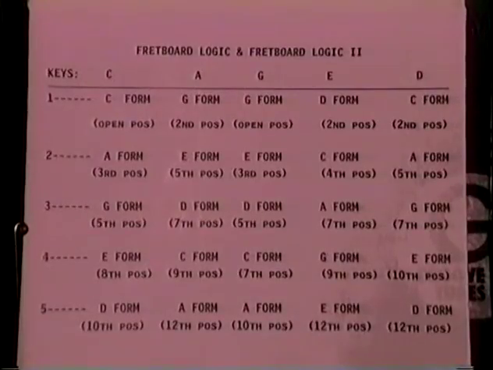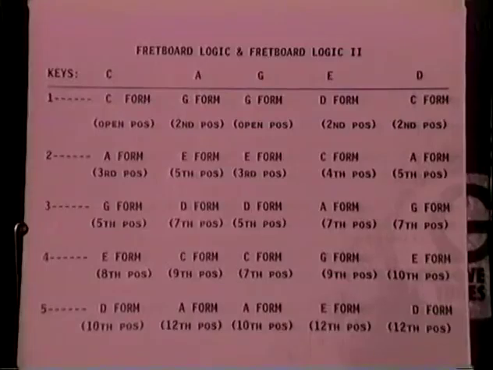Now, going back to the key of G, if I haven't confused you enough already, but really this is very simple. If you just look at the grids, you'll understand. The next thing we have in the key of G is the E form, third position. Then we have the D form, fifth position. Then we have the C form in the seventh position.